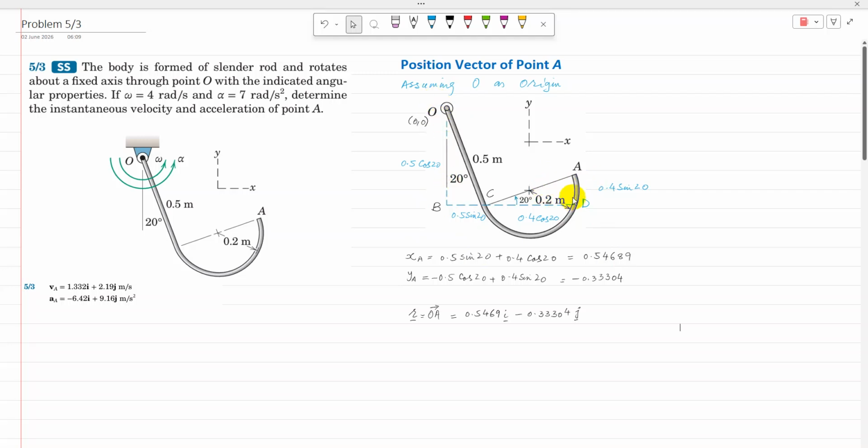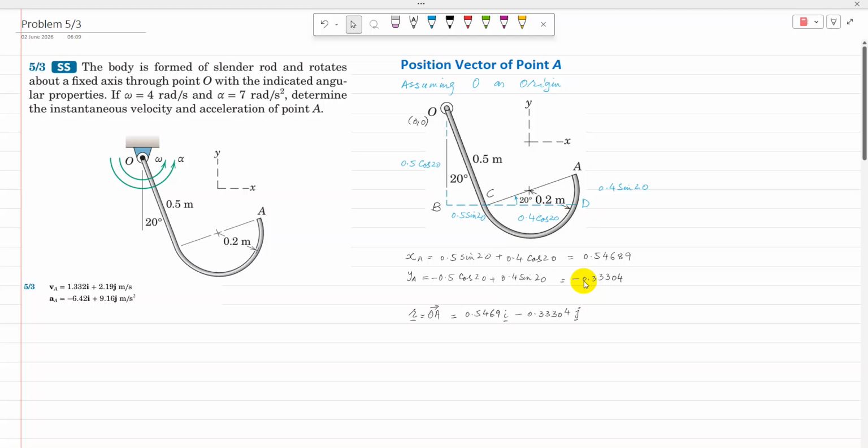Similarly, for y, O to A is equal to OB minus AD. So OB minus AD is the y coordinate. Now O is the origin and y is taken positive as upward. So O to B is negative, and then D to A is positive. So OB is minus 0.5 cos 20 and then D to A is upward, so it is positive plus 0.4 sin 20.